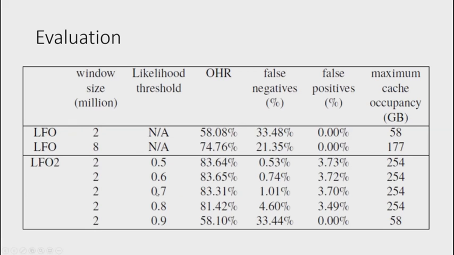The bigger the likelihood threshold is, the pickier LFO2 is when granting the second chance. As we increase the likelihood threshold, the object hit ratio decreases slightly, all the way from 0.5 to 0.8.